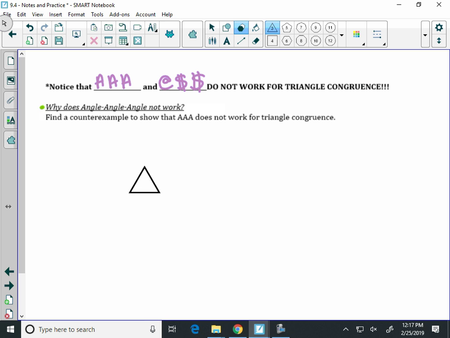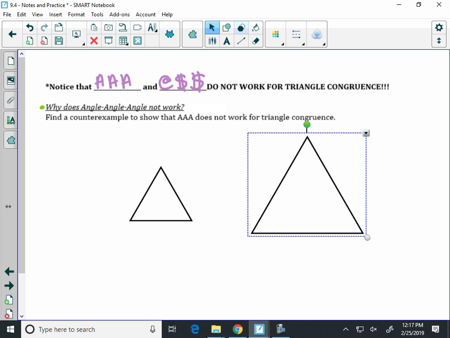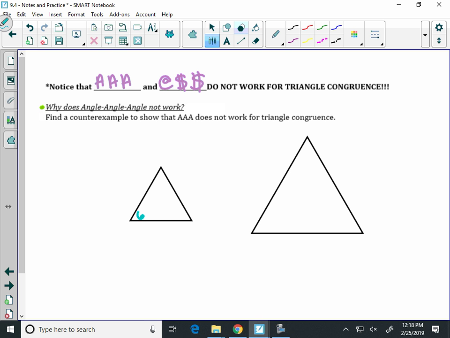They can have the exact same angles, and I like to use equilateral triangles as this example. What are the measurements of all equilateral triangles? They all equal, individually, 60. So this is an equilateral triangle, and this is also an equilateral triangle. But are they the same exact triangle? No. You can have little equilateral triangles, and you can have really big ones.